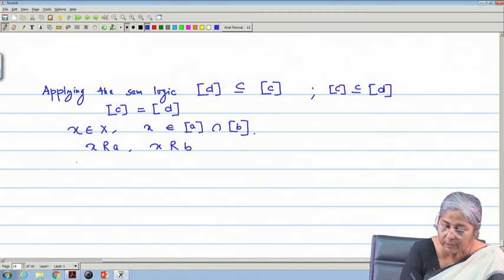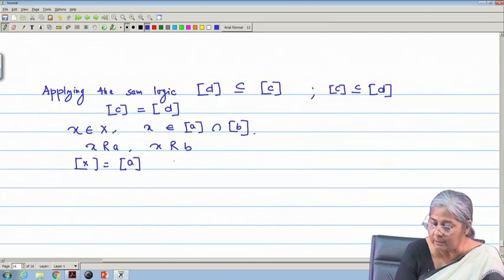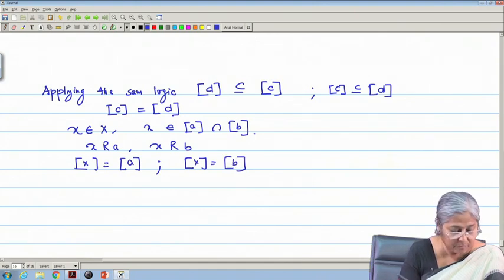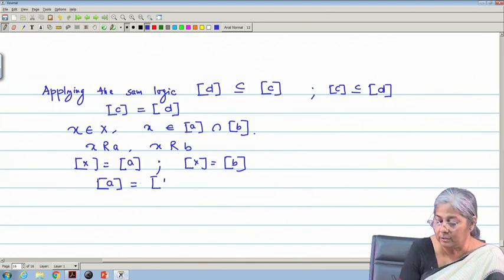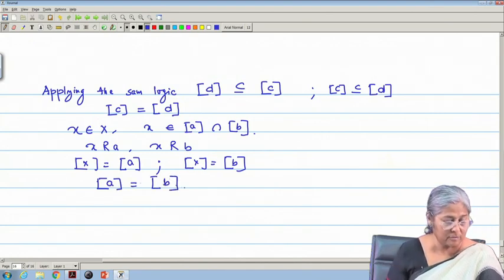I can tell that this is equal to [A] and this is equal to [B], and so from here I can tell that the partition [A] is the same as that of partition [B].